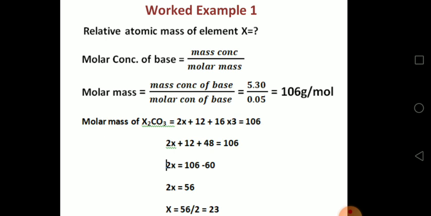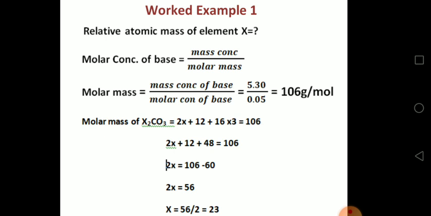The molar mass can be calculated from mass conc of the base over molar conc of the base. So the mass conc as given in the question is 5.3 and the molar conc of the base as calculated is 0.05. If we do this very well, we discover that the molar mass of the base is 106 gram per mole.